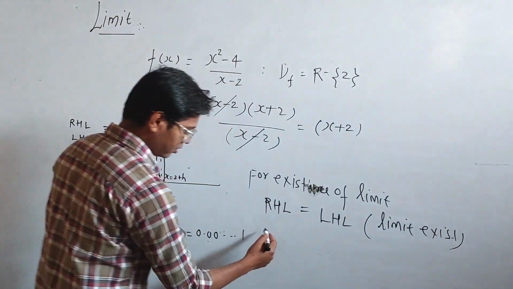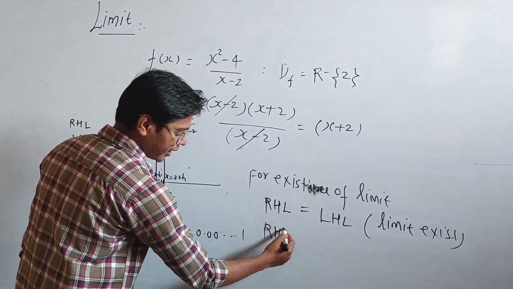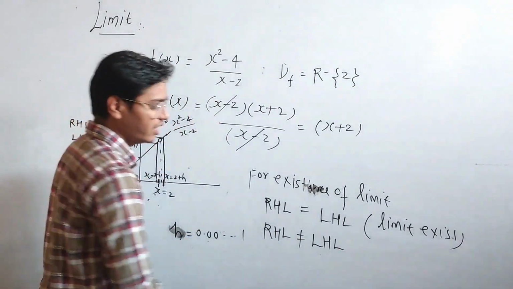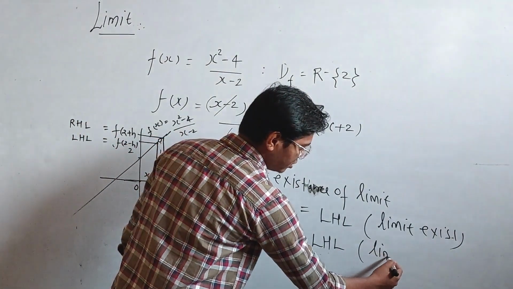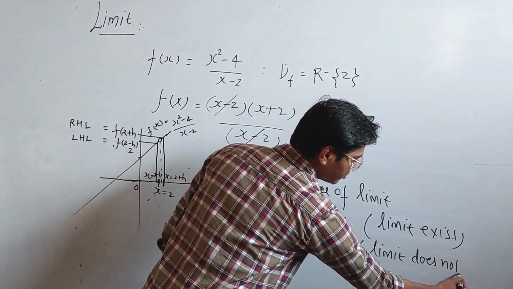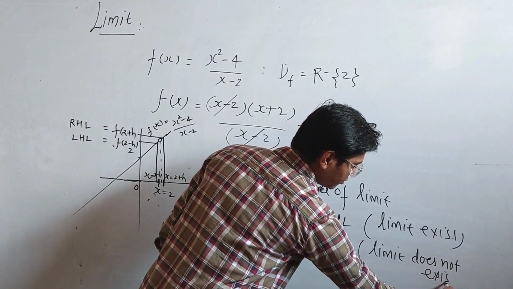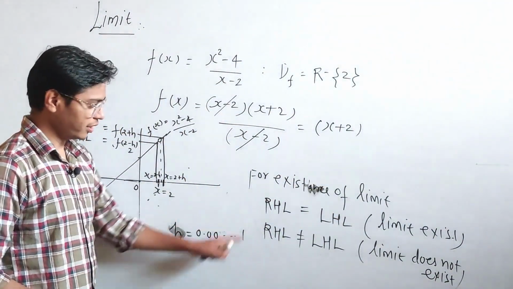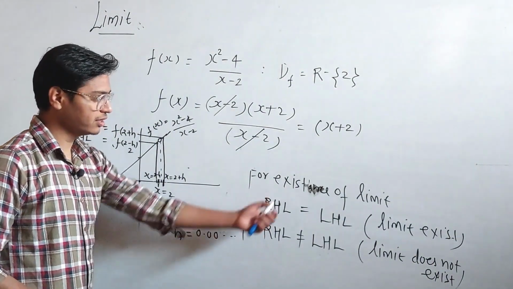And if the right hand limit does not equal the left hand limit, then the limit does not exist. So these are the conditions for existence of limit.